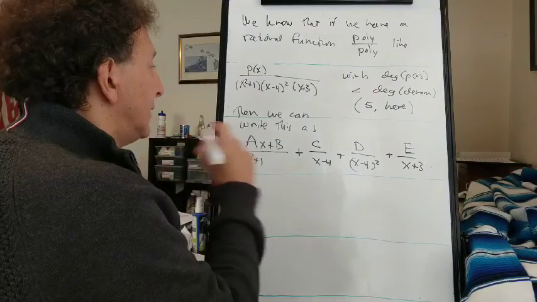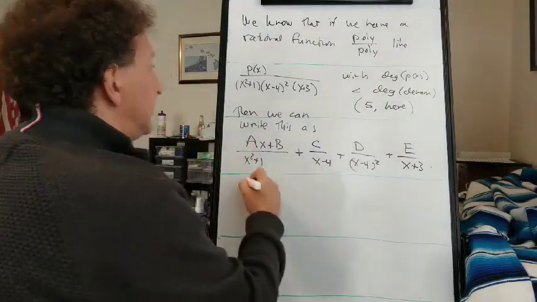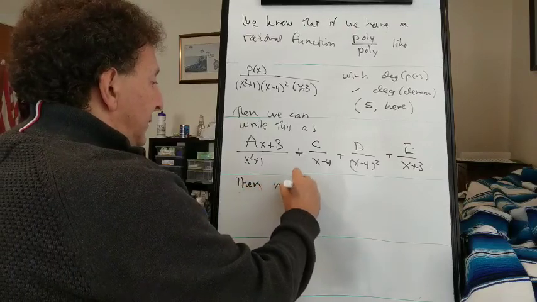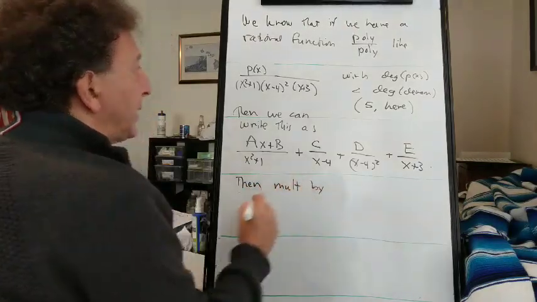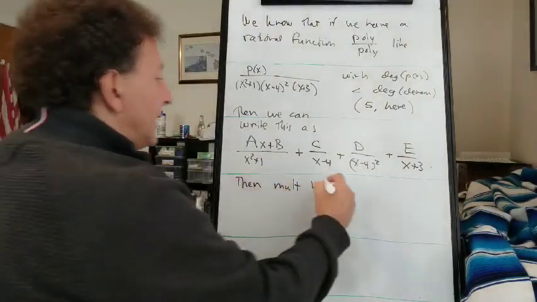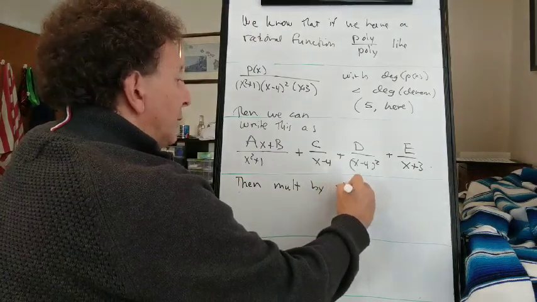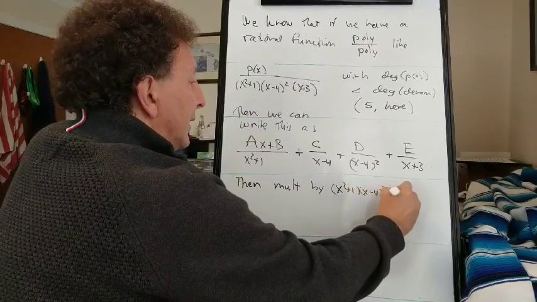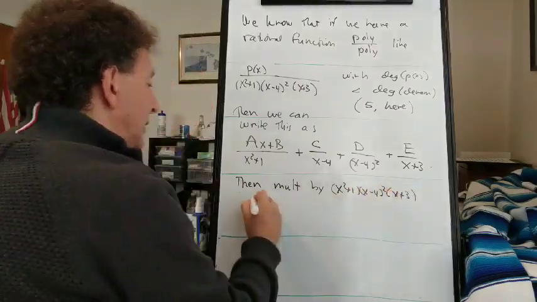Then we can multiply both sides by x squared plus 1, x minus 4 squared, x plus 3 to clear denominators.